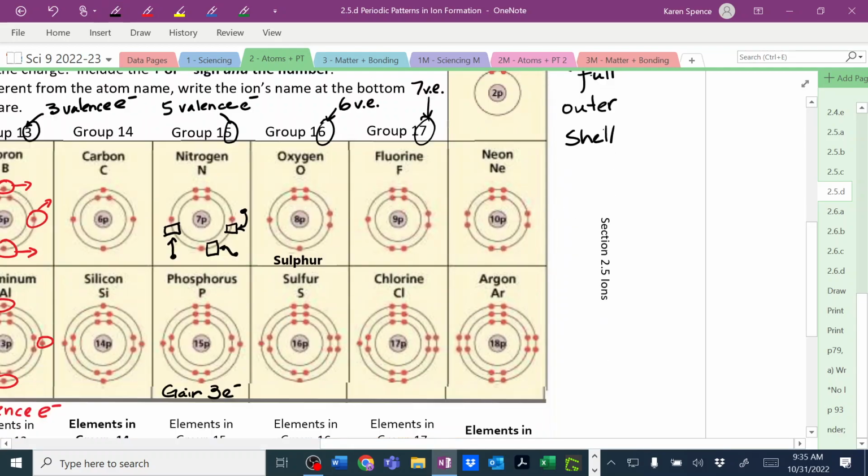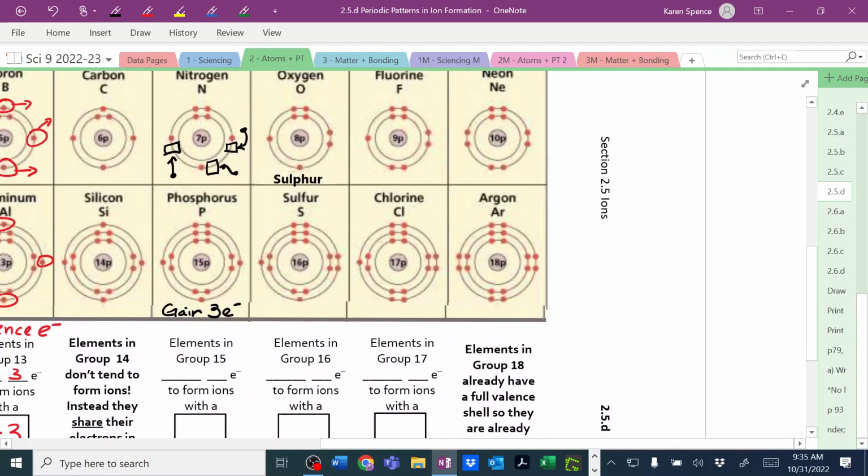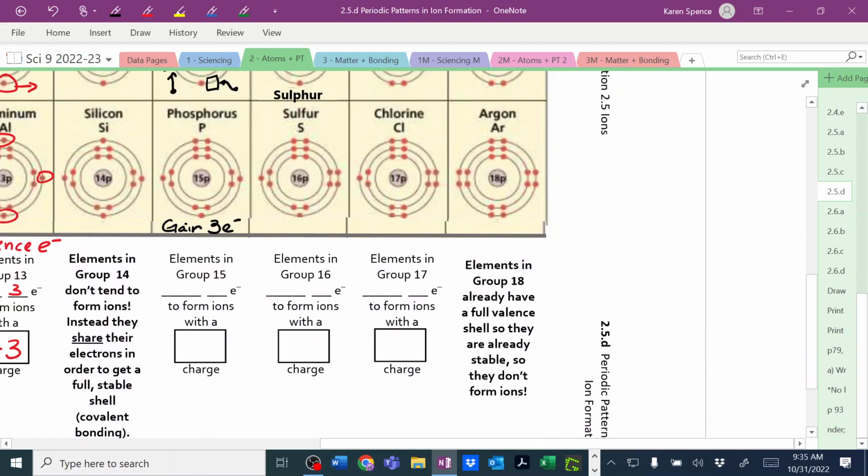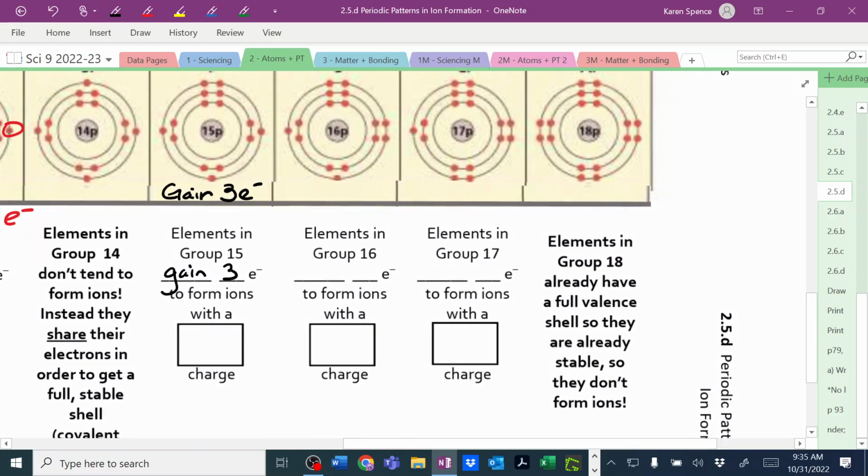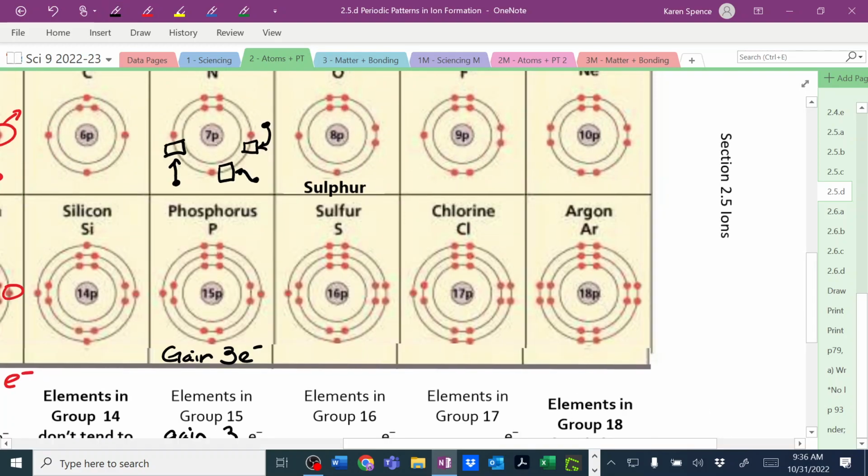So group 15 is always going to gain 3 electrons. And the ions will form with a, if you gain electrons, what does your charge become? Negative, so it's going to become 3 minus. Elements in group 16, let's take a look.